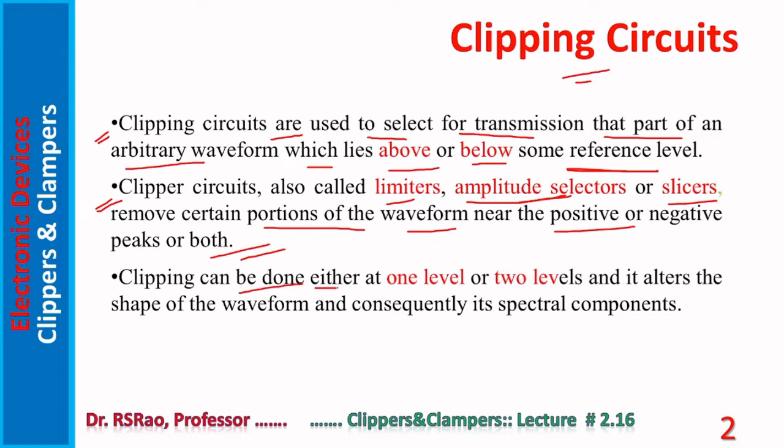Clipping can be done either at one level or two levels, and it alters the shape of the waveform and consequently its spectral components. Notice, in clipping, the shape of the waveform is altered. In clamping, it is not so. Only the DC level is changed.